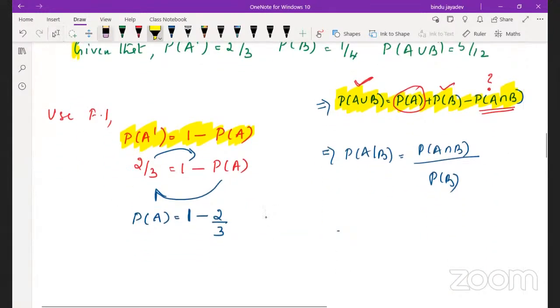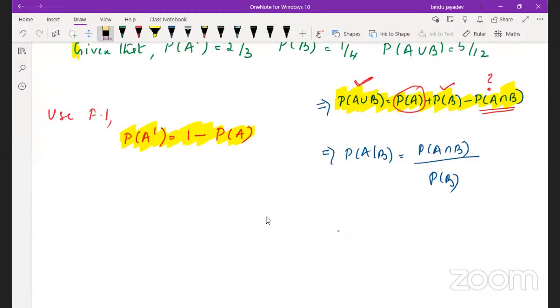To think more easily, this same formula you can write another way. P of A dash is here and P of A is here. If you take P of A to this side, then it becomes 1 minus P of A dash. This is also the formula.